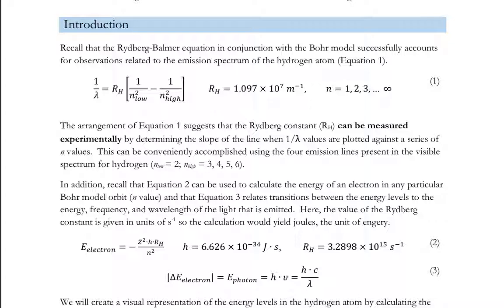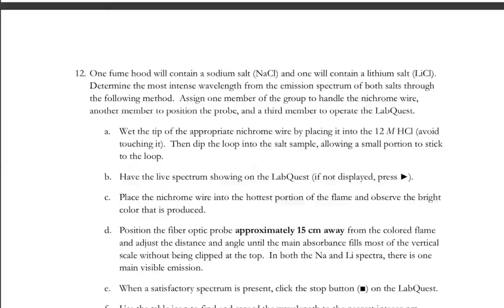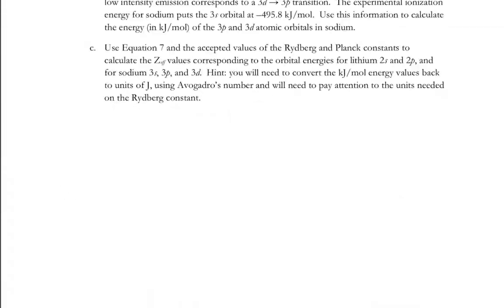Our only unknown will be the Rydberg constant. So we're going to plot 1 over lambda on the y-axis versus the n expression on the x-axis. We will see that that data looks linear. We fit it with a linear function, and the slope of it is equal to then R sub H. So that's what's being done in that report table.